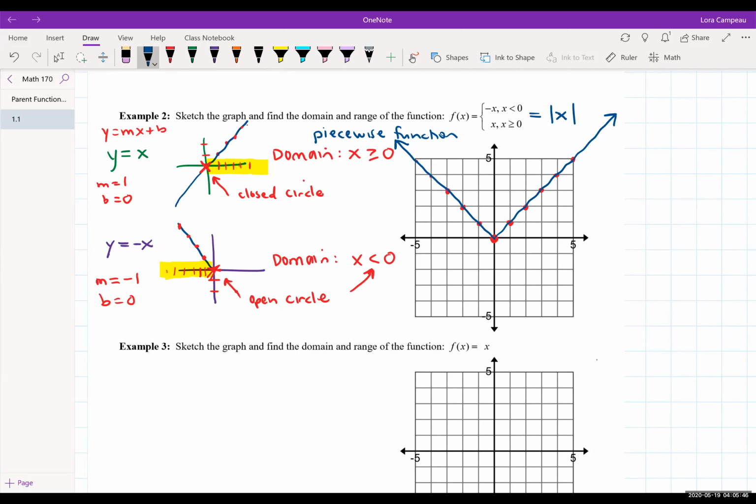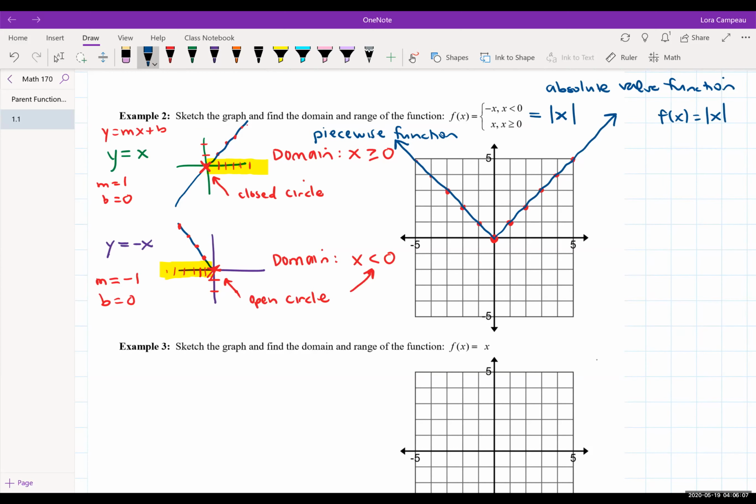Remember, the absolute value function is enclosed in bars. So one might say, why didn't you just define it as f of x equals absolute value of x? And yeah, that's a great question.